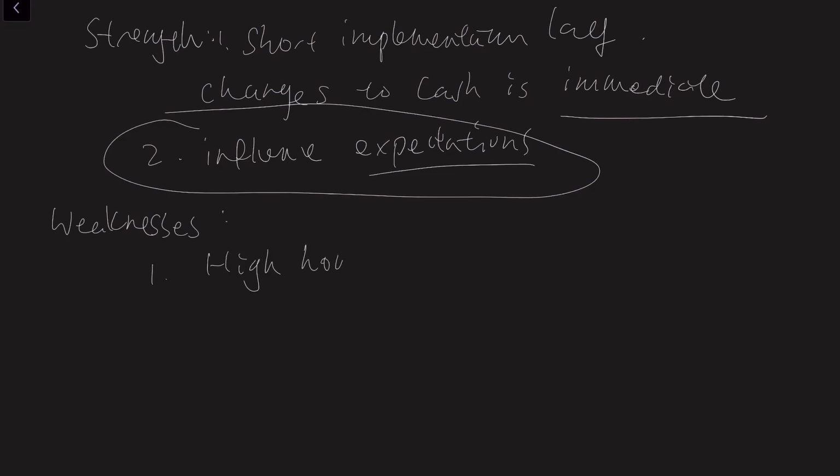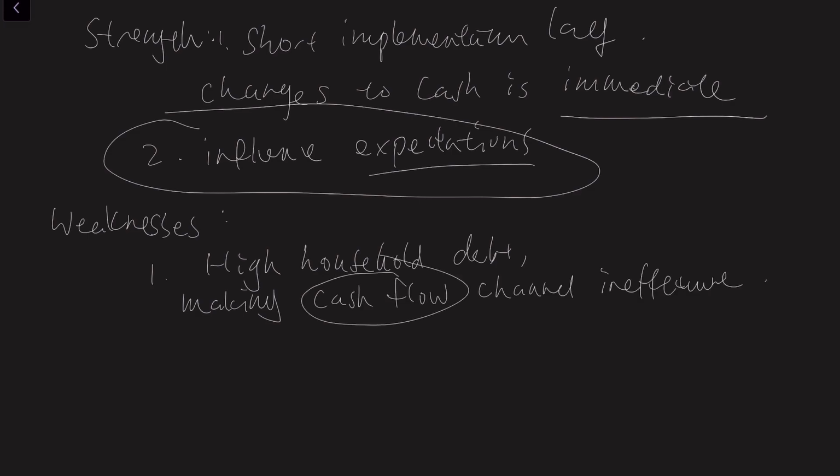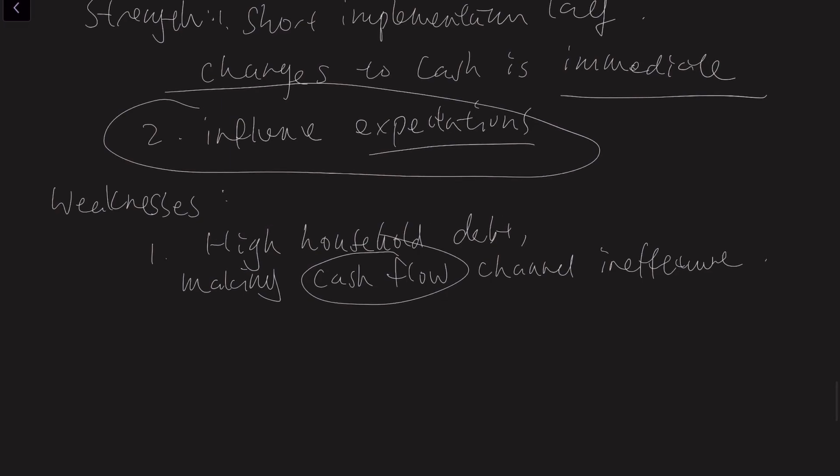So Australia have high household debt, making the cash flow channel ineffective. So remember, the cash flow channel is associated with lower mortgage repayment, so households are able to spend more money and increase consumption, increase AD. But because Australian households have a lot of debt, with this extra cash flow, they may choose to repay debt rather than to spend this extra money.